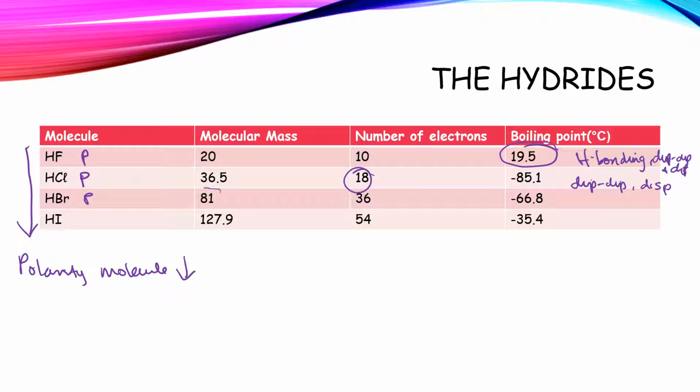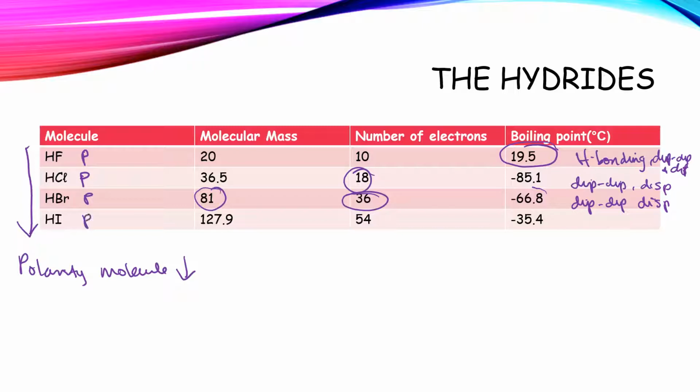It, however, has a larger molecular mass, which means it's got a lot more electrons. Because it's got a lot more electrons, it's now more polarizable, and its dispersion forces are much stronger, which is why its boiling point has actually increased to negative 66.8 degrees Celsius.